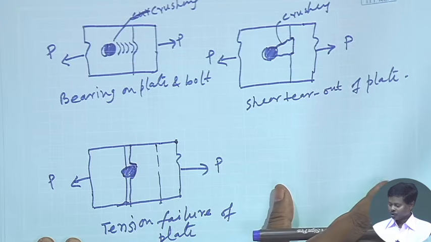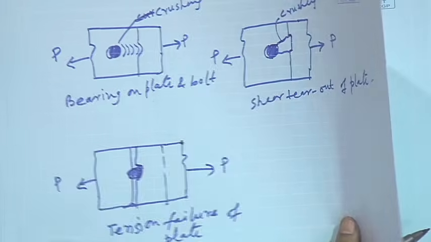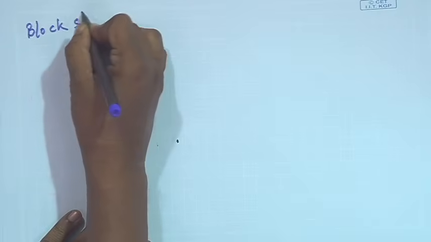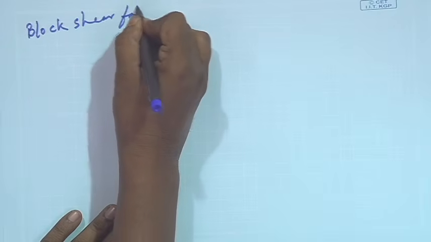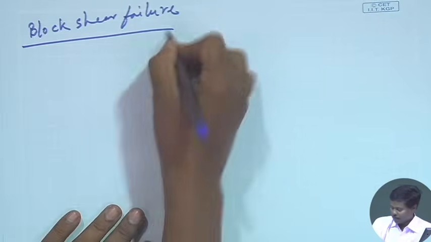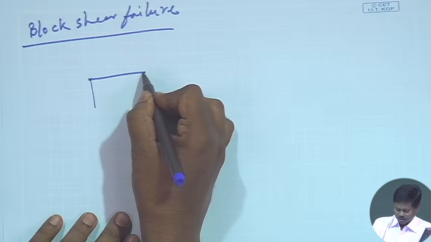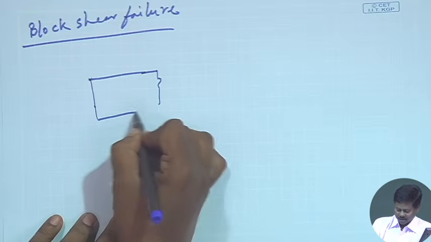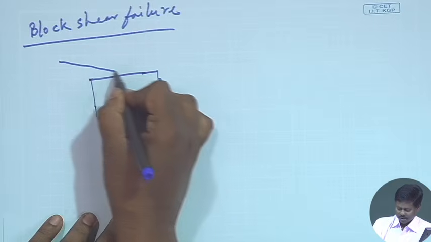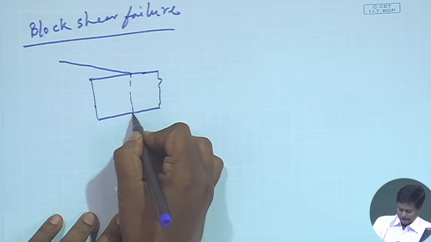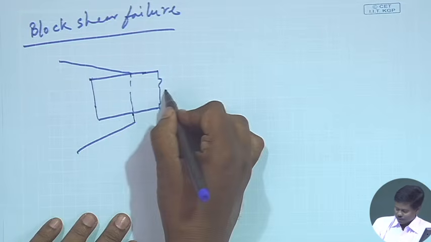So, these are different modes of failure of bolted joints we are observing, and another failure is called block shear failure. This may happen in this form, say a plate is connected with another plate, for example a gusset plate, and a force P is acting.